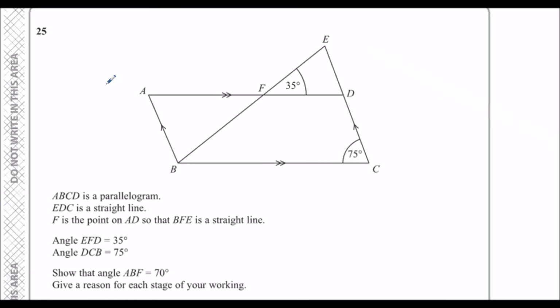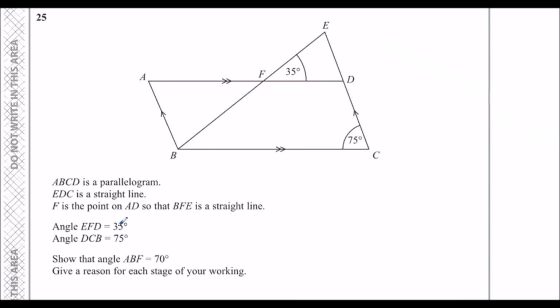So we've got a diagram showing all this information, and we've got two angles, EFD, 35 degrees, shown on the diagram, and DCB, 75 degrees, shown on the diagram. And the question says, show that ABF, so that's this angle here, equals 70 degrees. Give a reason for each stage of your working.